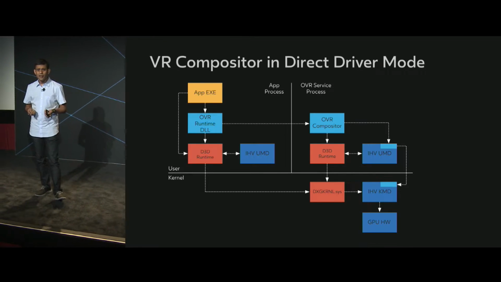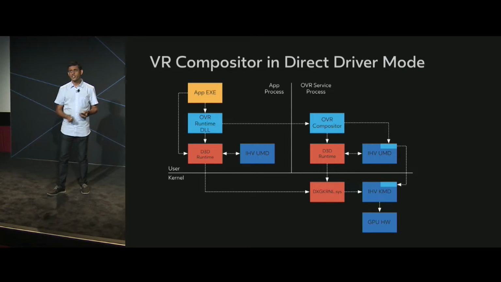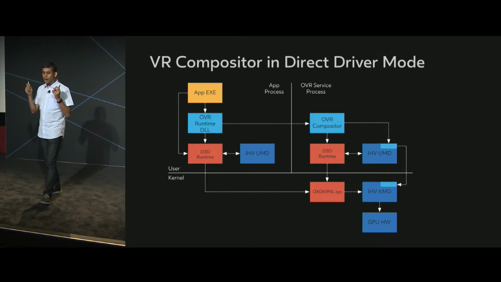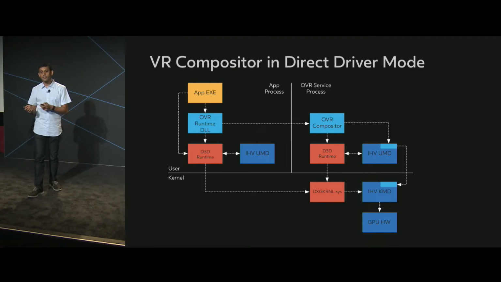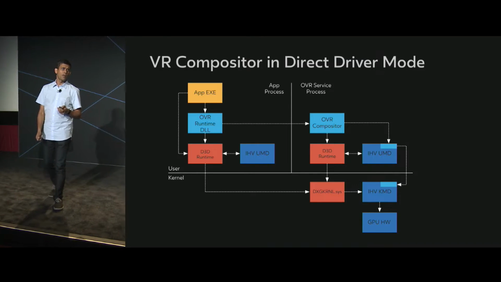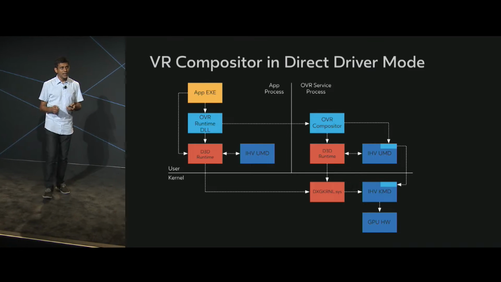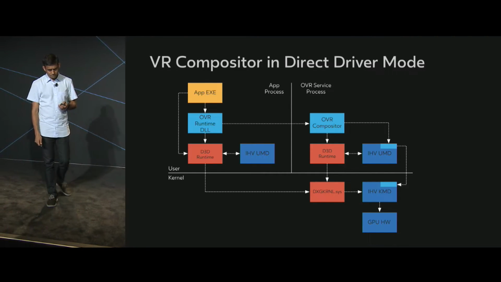And this, we believe, will be the most stable way of powering the Rift and ensuring that we have a direct and low latency connection to the Rift that is hidden from the OS. This work was done in cooperation with NVIDIA and AMD, who have been great partners to help us achieve this.